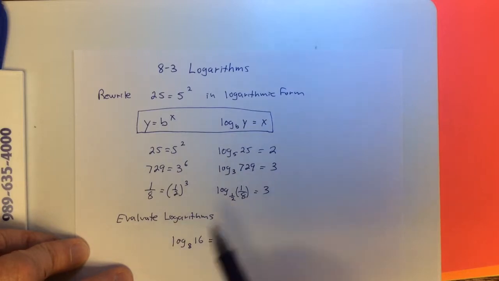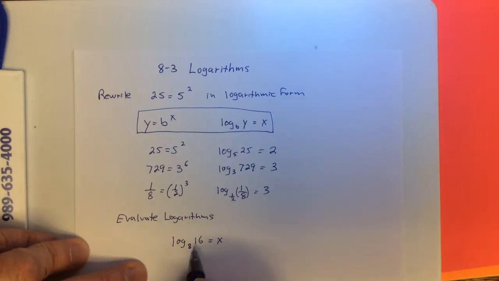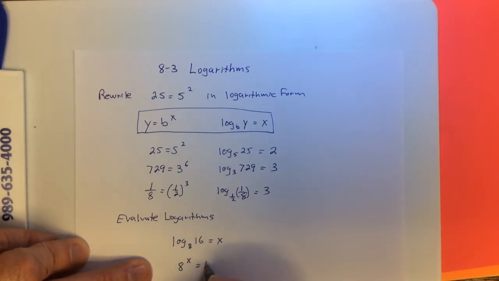And now it's in logarithmic form like up here, so I'm going to convert this into exponential form. So the base is 8, so 8 to the x power is equal to 16. So we know that 8 to the first power is 8. 8 squared is 64, so my answer has to be someplace between 1 and 2.